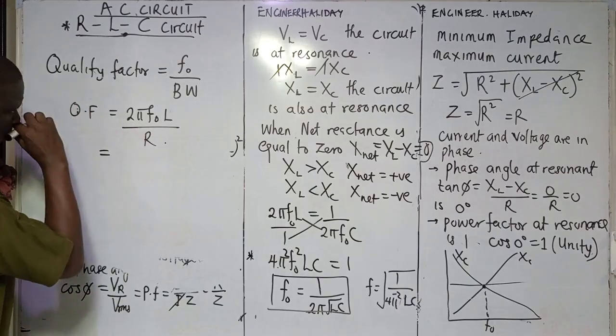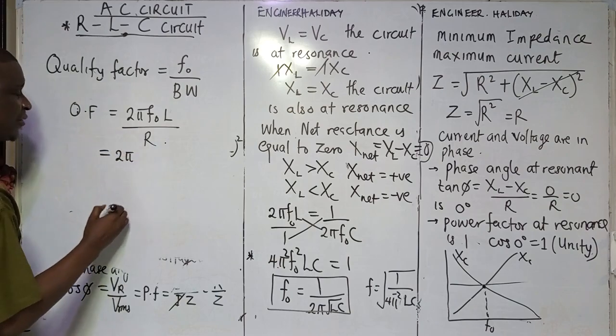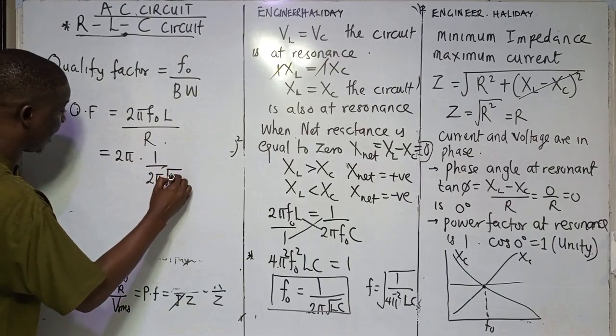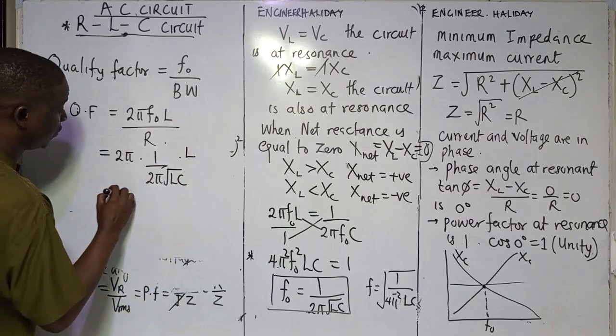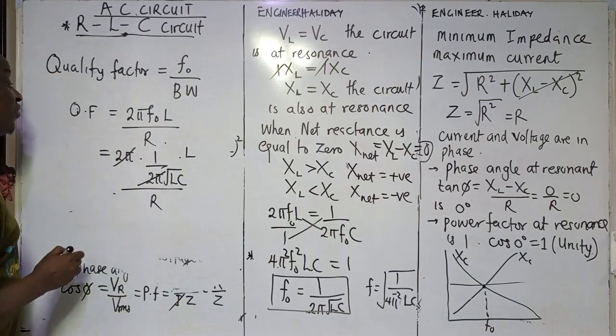Now let us put in our resonance frequency formula there. I would have 1 over 2 pi square root of LC, times L over R. This one will cancel this.